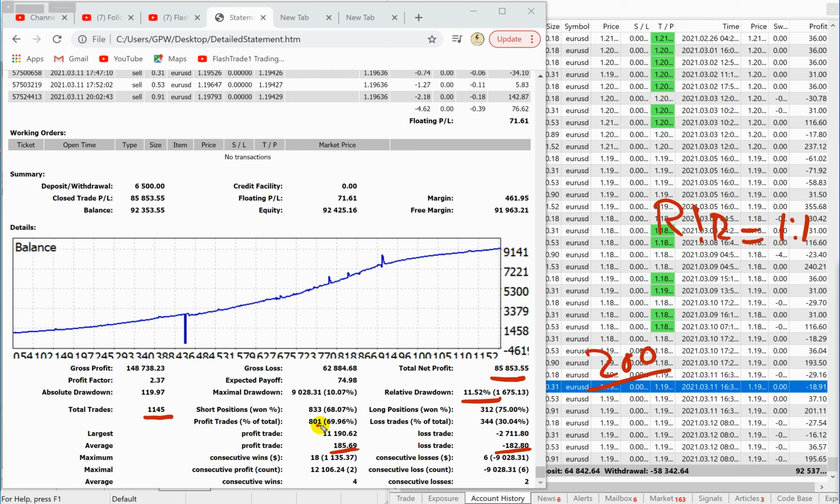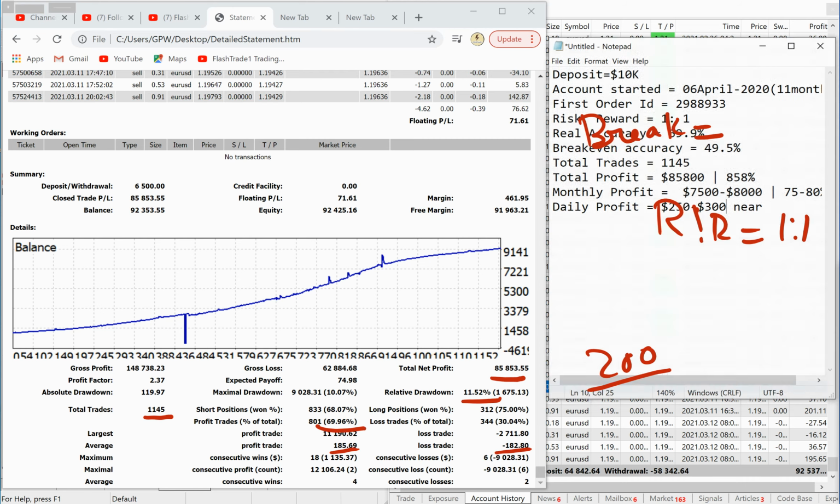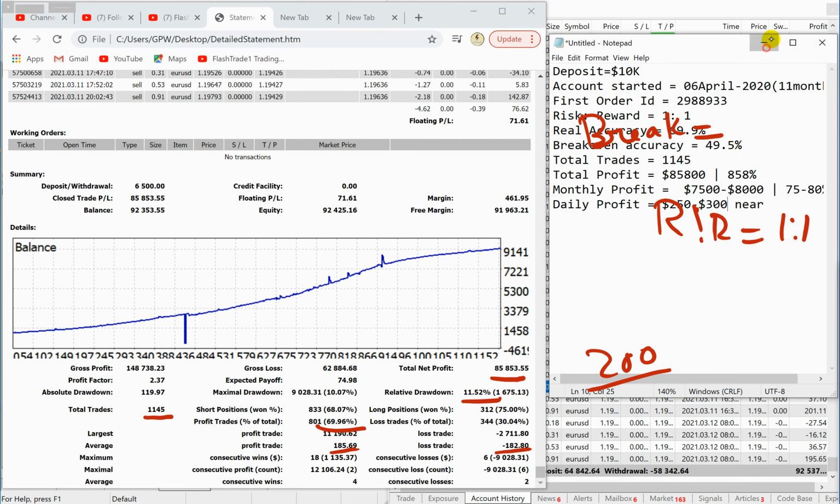The real accuracy of the account is 69.9, and the break even comes to 49.5.